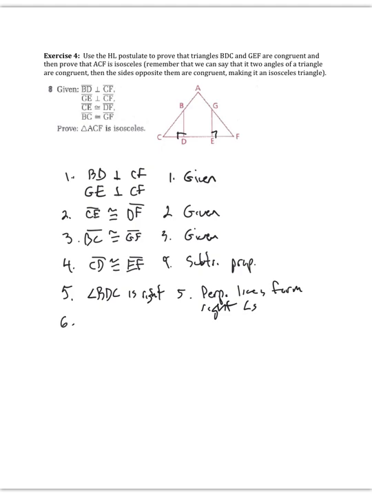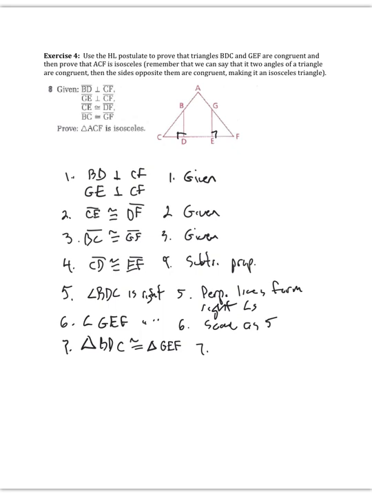And 6, we would say that angle GEF is also a right angle, and this would be same as 5. So now we can say that triangle BDC is congruent to triangle GEF.